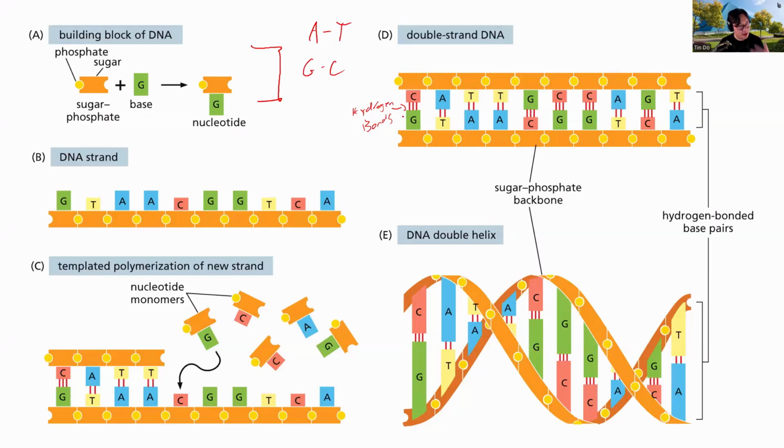So again, we're trying to piece the concepts together. But just know that as we are building our monomers, the nucleotide bases, and connecting them together, we are going to create a single-stranded DNA. And then from a single-stranded DNA, we're going to use an enzyme to lower the amount of energy required to build the second strand because now we have a template.